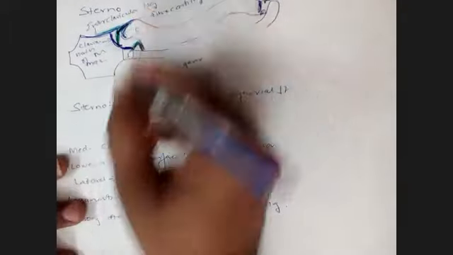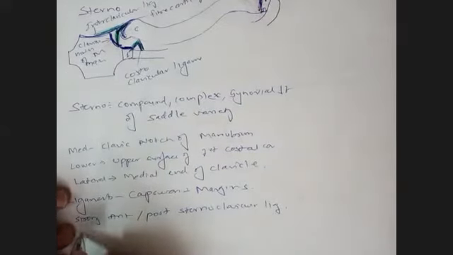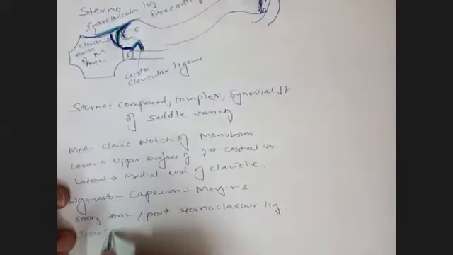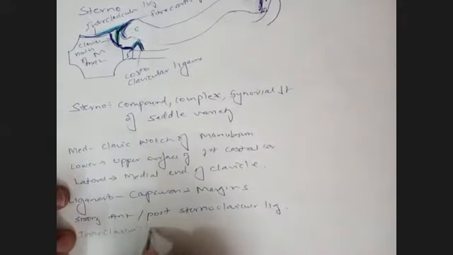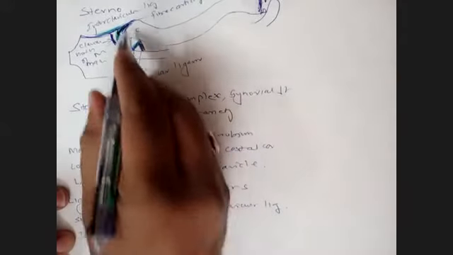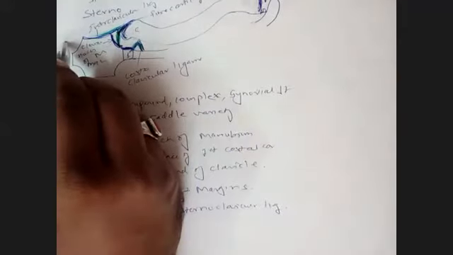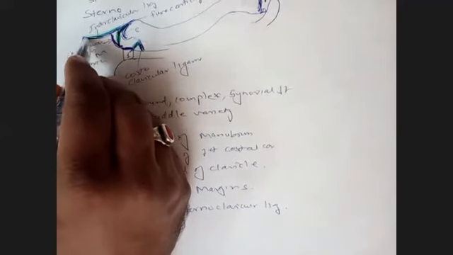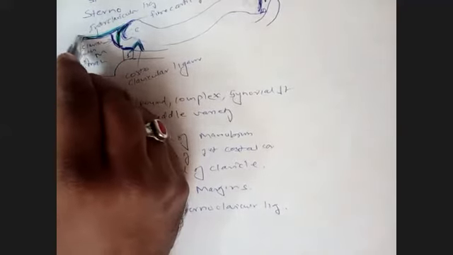While there are two other ligaments. One is the interclavicular ligament. It runs from the sternal end of one clavicle and is attached to the upper border of the manubrium, and then it goes almost to the other side.